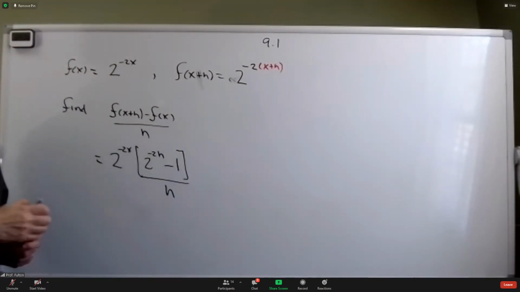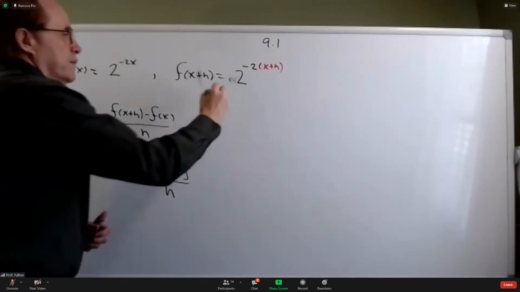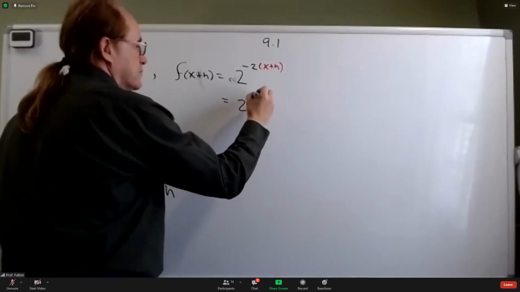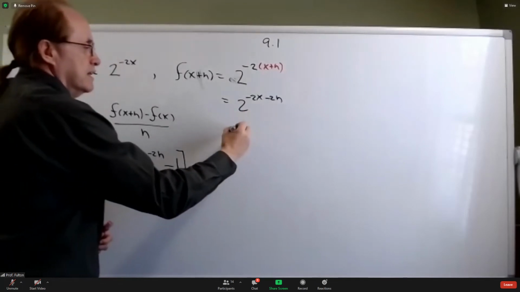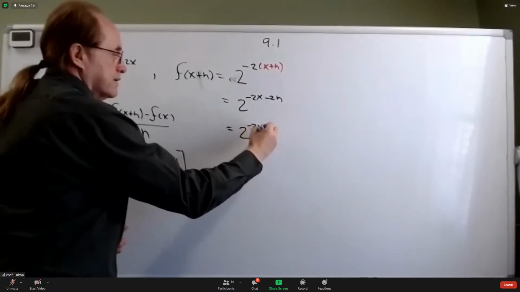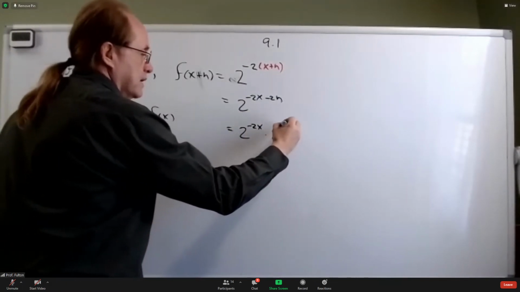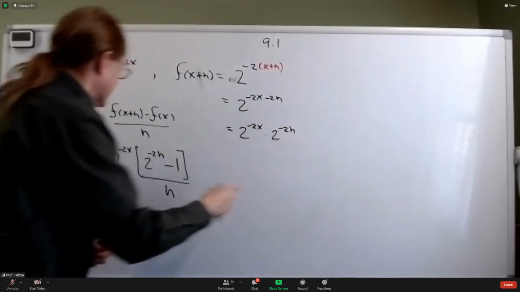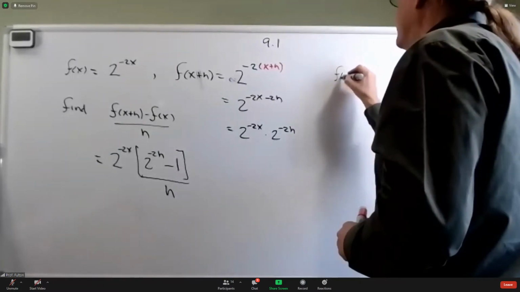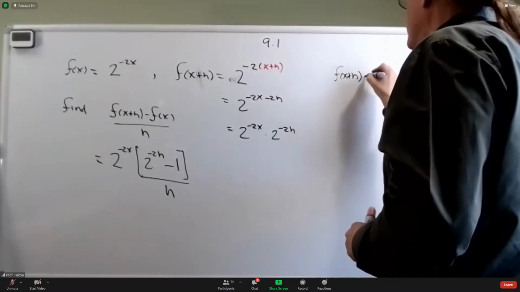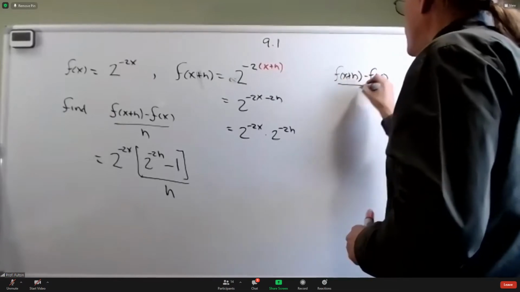So this then becomes 2 to the minus 2x minus 2h. I get 2 to the minus 2x times 2 to the minus 2h. Plug that into this. So I get my f of x plus h minus f of x over h.